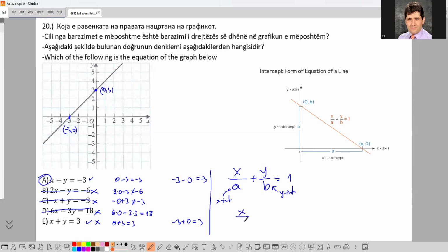So for us, it's x over, where does the line intercept the x-axis? At negative 3, plus y over, where does the line intercept the y-axis? At 3. Multiply both sides by 3, and we get negative x plus y is 3, which is practically case 1.